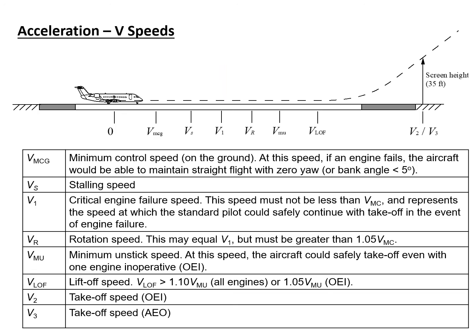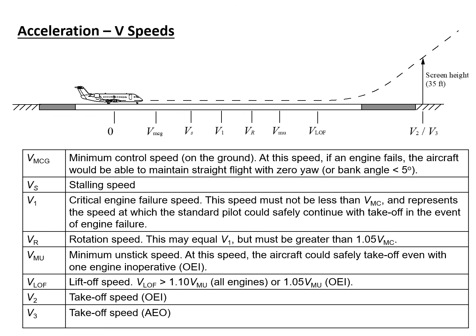In this slide, we are comparing and listing all the important V-speeds we introduced in the previous slides. You can see the very left-hand side is 0. That's when the aircraft is static. Then we have first VMCG, minimum control speed on the ground. After that, we have VS, stall speed, and then we have V1, decision speed.